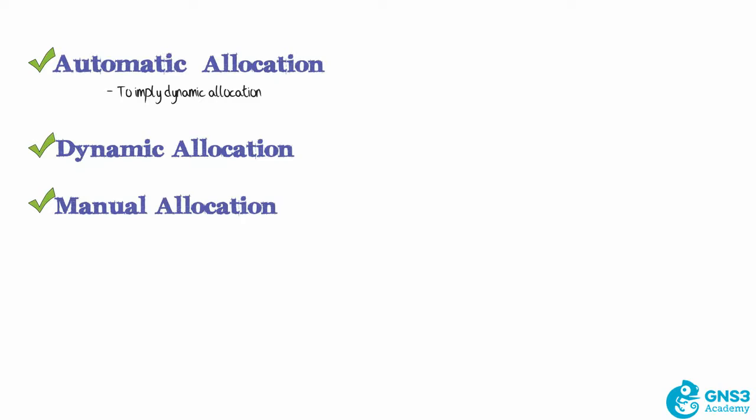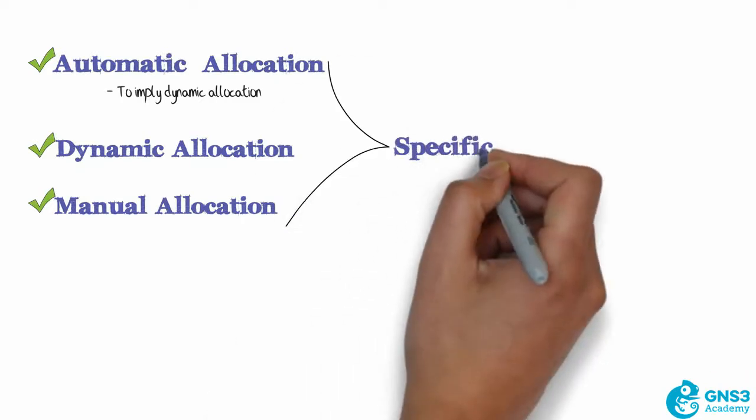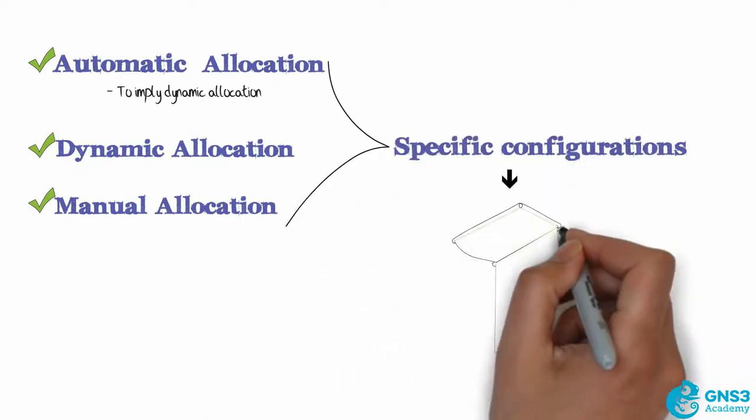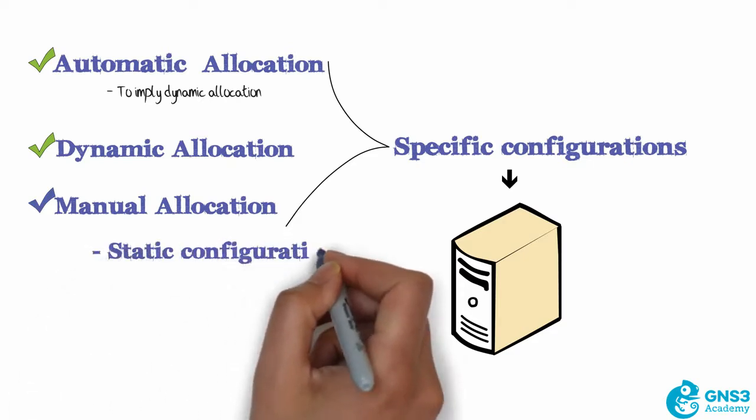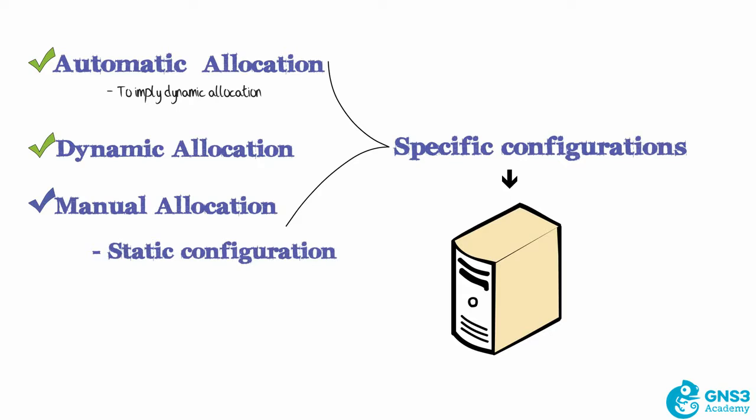Please note that all of these allocations are specific configurations done on a DHCP server and not on the client PC. So we're talking about a manual allocation in DHCP rather than the static configuration of an IP address on a client PC or phone.